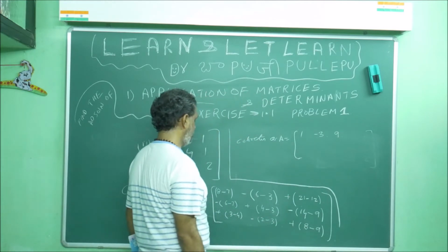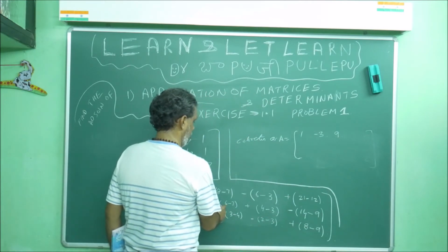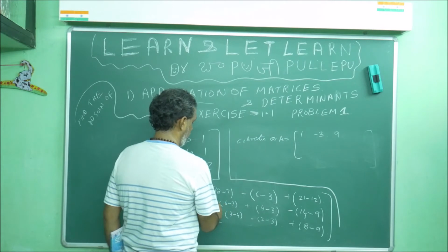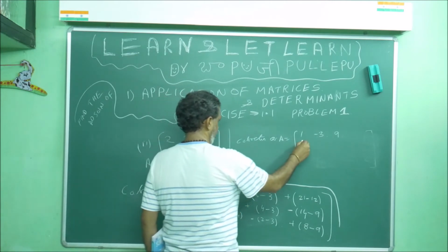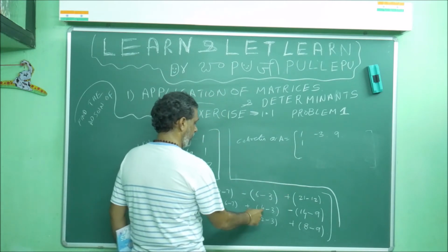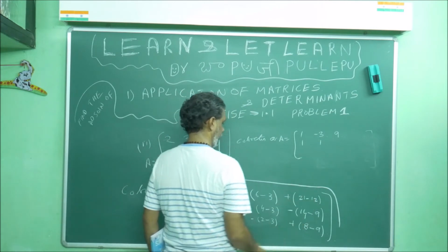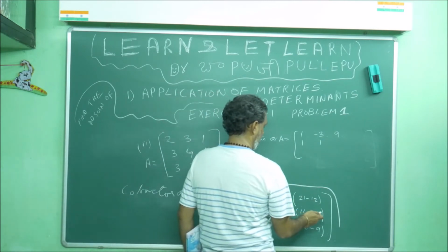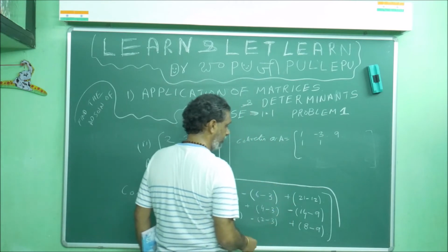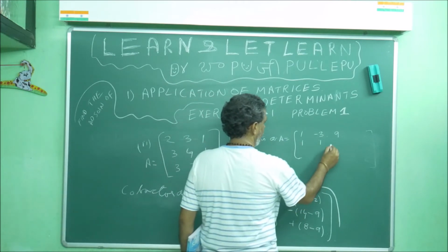Then 6 minus 7 is minus 1, already minus is there, so plus 1. 4 minus 3 is 1. 14 minus 9 is 5, already minus is outside, so minus 5.